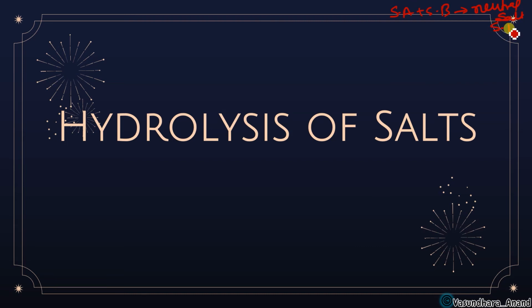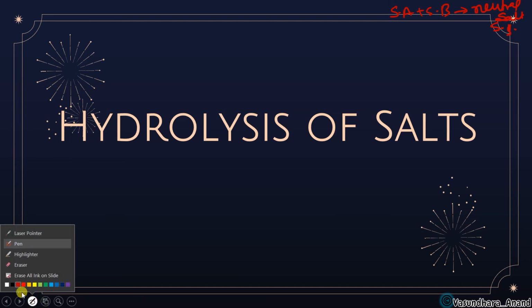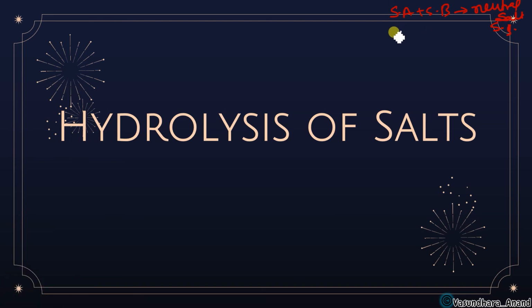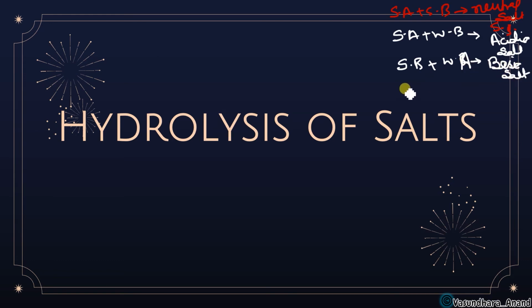If I use a strong acid plus a weak base, this will be an acidic salt. If I use a strong base and a weak acid, it will give a basic salt. And if I use a weak acid and a weak base, we will again get a neutral salt.